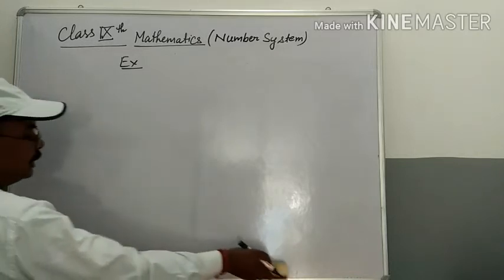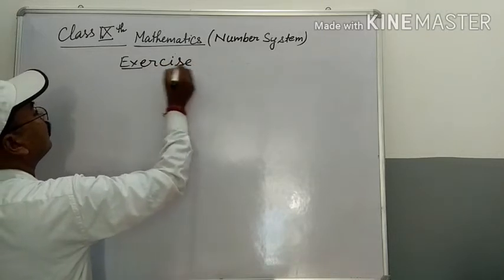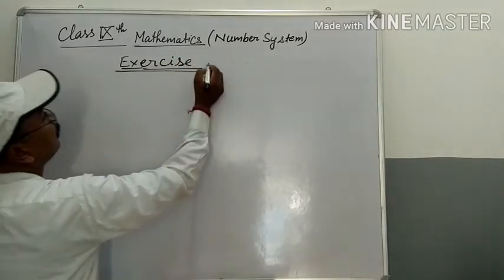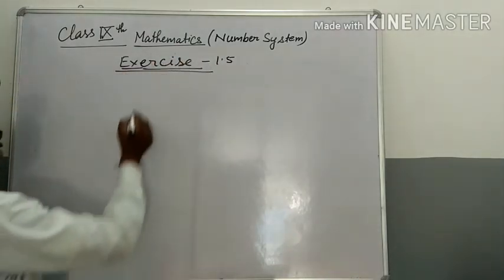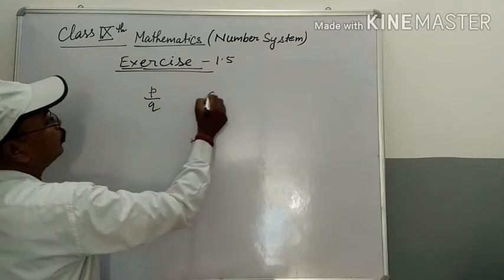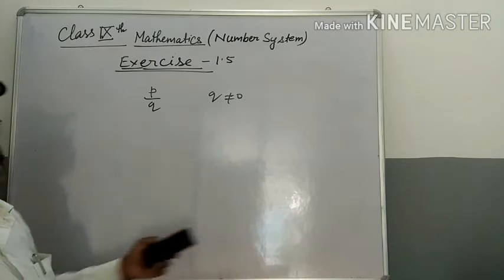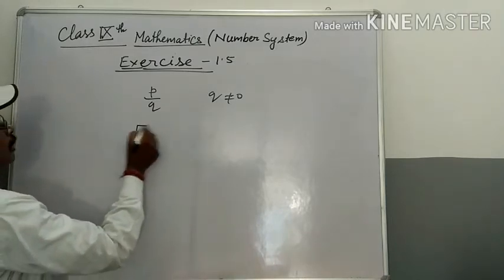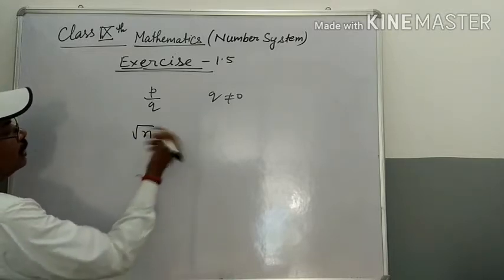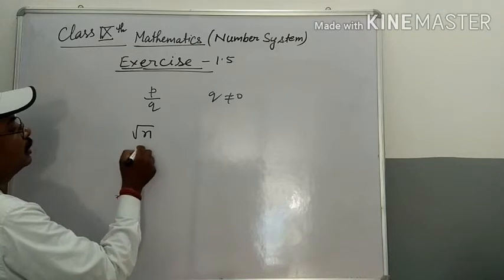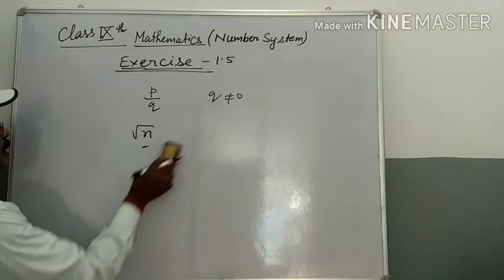the number which is written in the form of p upon q, where q is not equal to 0, is known as a rational number. The number square root of n, where n is not a perfect square, with n an integer, is an irrational number.